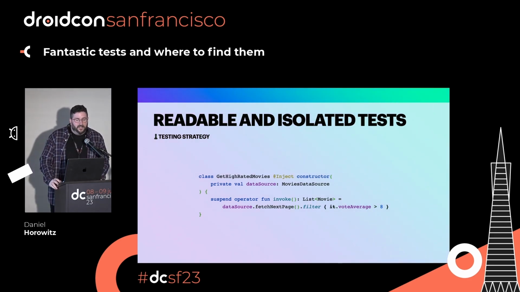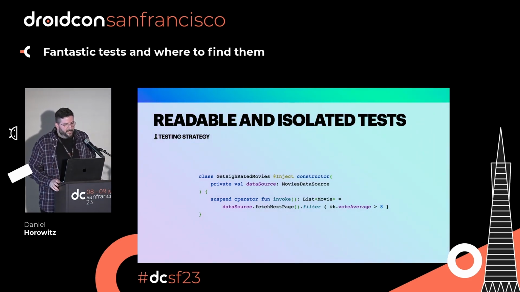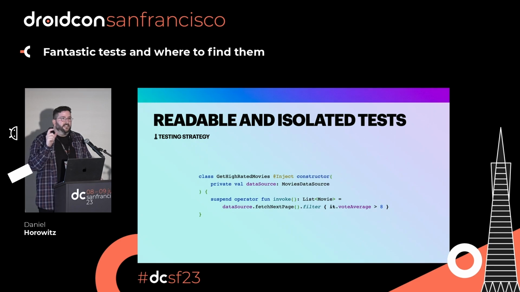So let's assume we have this use case to get high-rated movies, right? So you also inject the data source here. And this use case is only calculating the high-rated movies using just one field, which is the vote average.